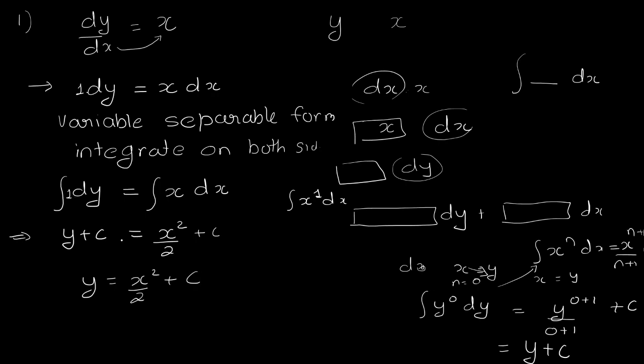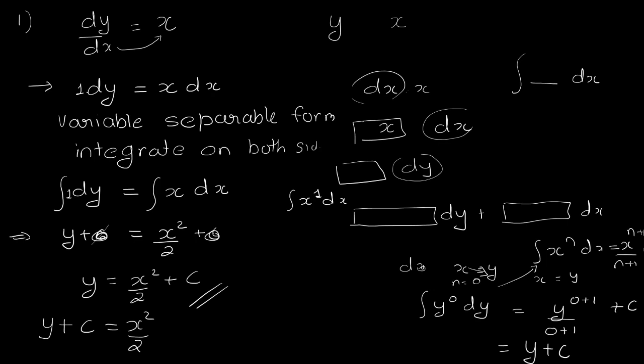Now you will say that this c and this c will cancel out, but please don't cancel them out. Instead you can just write y, the integral of dy is y, the integral of x dx is x square by 2, and in the final answer you can just add a c on any side. This is even the same as y plus c is equal to x square by 2.